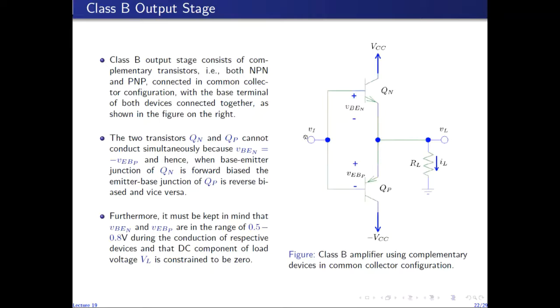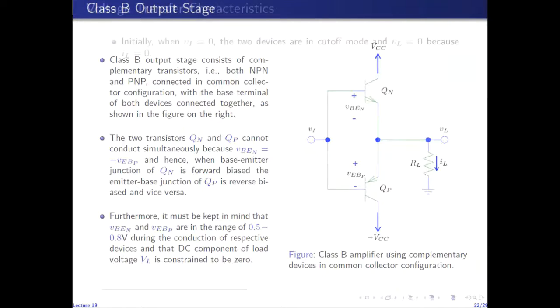So as soon as Vi becomes positive, then the voltage at this node with respect to ground is positive, which means that the voltage at this node with respect to this node is positive, because just at the moment when Vi starts increasing, this node is at ground. So the voltage at this node with respect to this node, which is Vi, is equal to minus VEB, or is equal to VBEP.